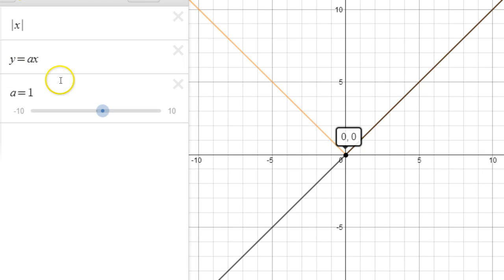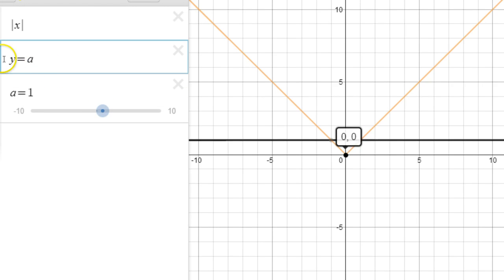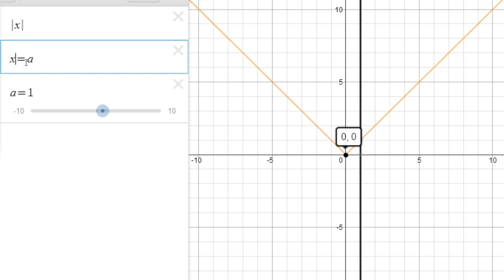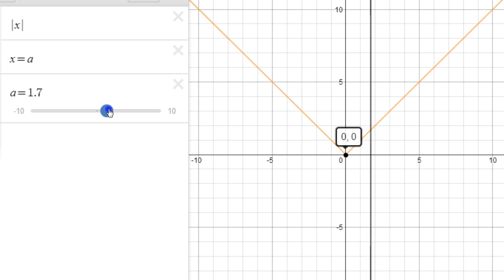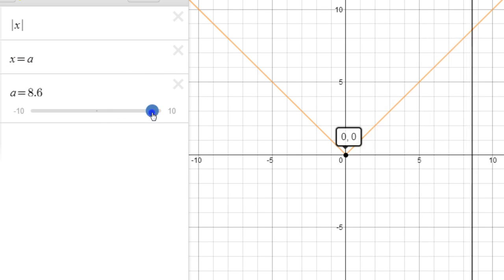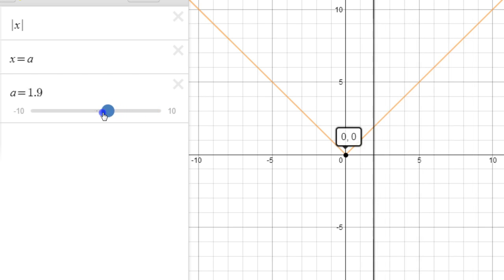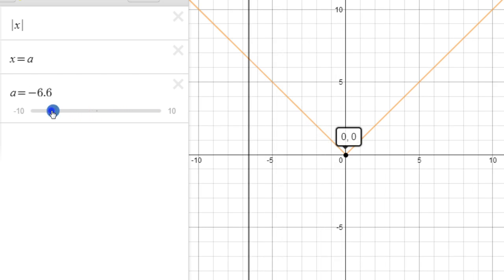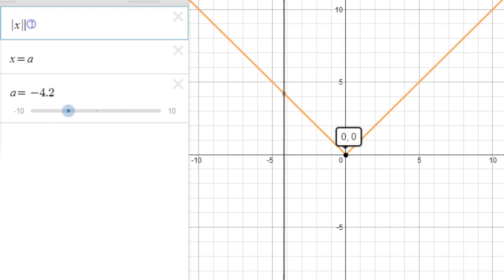Okay, now let's change this to an x. As you can see with the vertical line test, we only touch the graph once, so that's good.